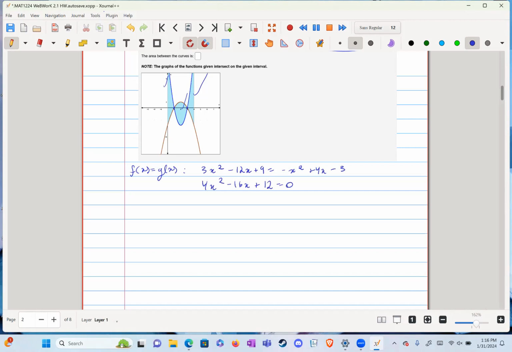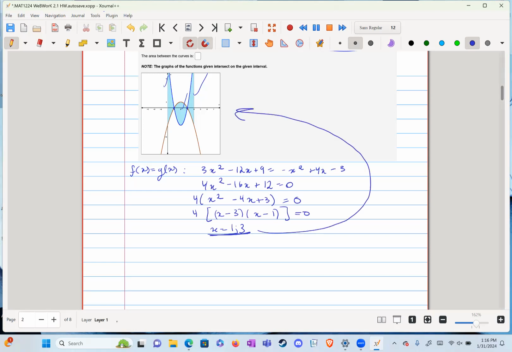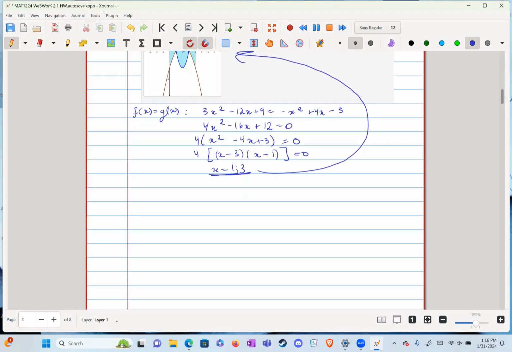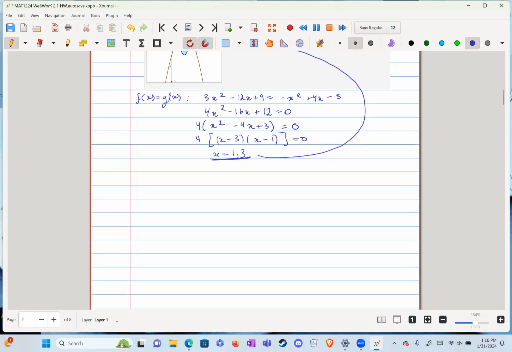Finding our roots, we can take a factor of 4 out. Perfect. And then from that we can find our roots, which is x minus 3, x minus 1 equals 0, which means x is equal to 1 and 3. That verifies what we see in the graph, and that's how you're going to do it every single time to find our points of intersection.